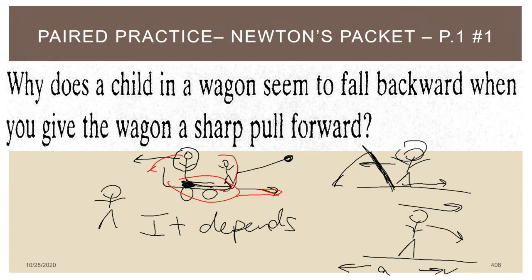But for an observer standing in the wagon, which is an accelerated reference frame, they would say, well, the person is at rest in the beginning, and they're still at rest with respect to me at the end, but the top half of their body all of a sudden flew backwards this way. And so the only way that they could explain the top half of the person's body being at rest and then all of a sudden flying backwards is to say, well, there must have been some force that pushed their body backwards.